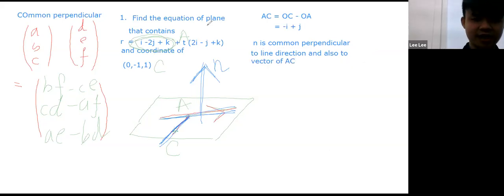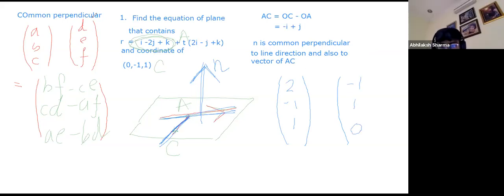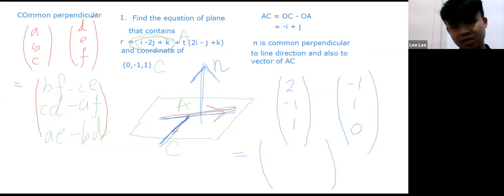So what is the line direction just now? 2, -1 and 1, right? What is the vector AC just now? -1, 1 and 0. How to find the common perpendicular? Follow the rule just now. Cover the first row, cross multiply -1 and 0, -1 and 1.